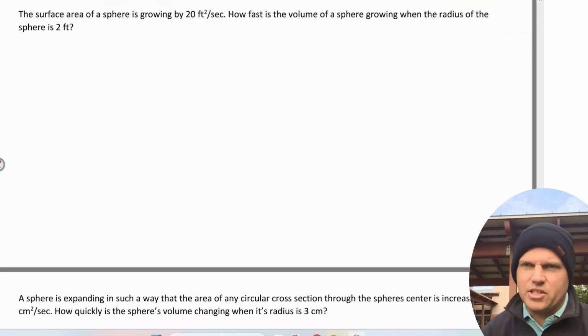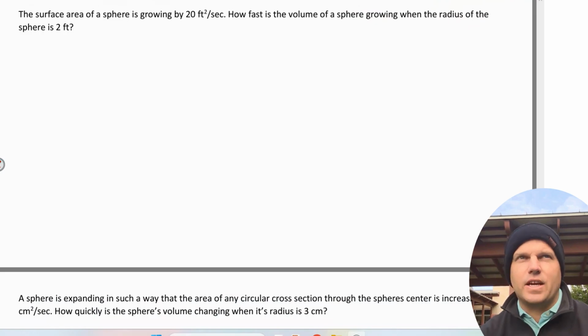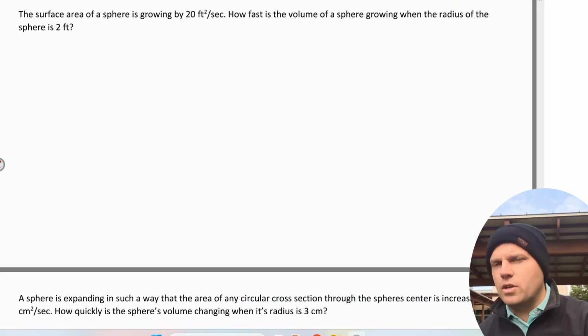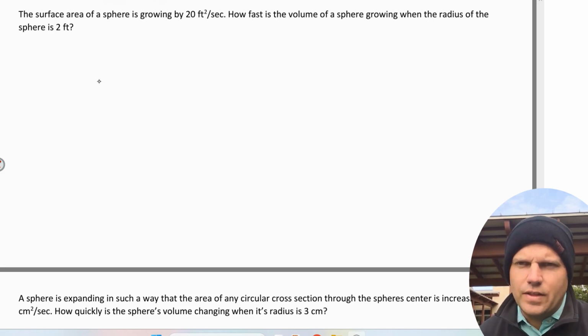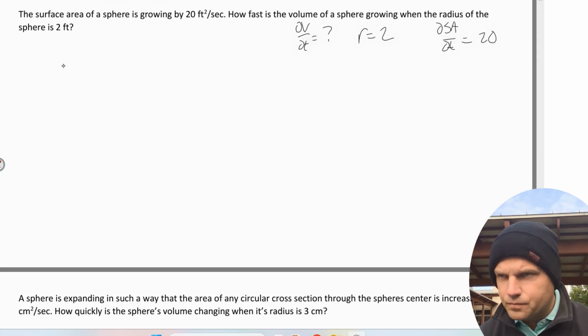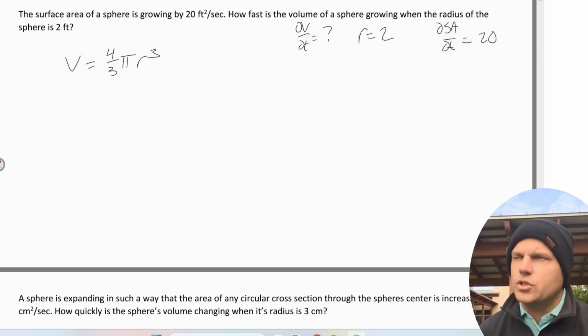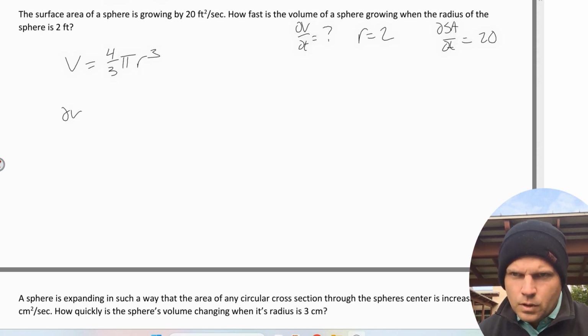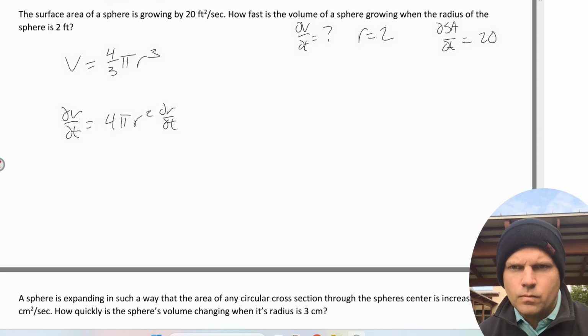All right, here is an example of the same thing where we have to start from scratch, use one equation, simplify, solve, and then use it in the other. How fast is the volume of a sphere growing when the radius of the sphere is 2 feet and the surface area of a sphere is growing by 20 square feet? If you just start with the volume of a sphere formula, which is up above, you realize you need to know how quickly the radius is changing.